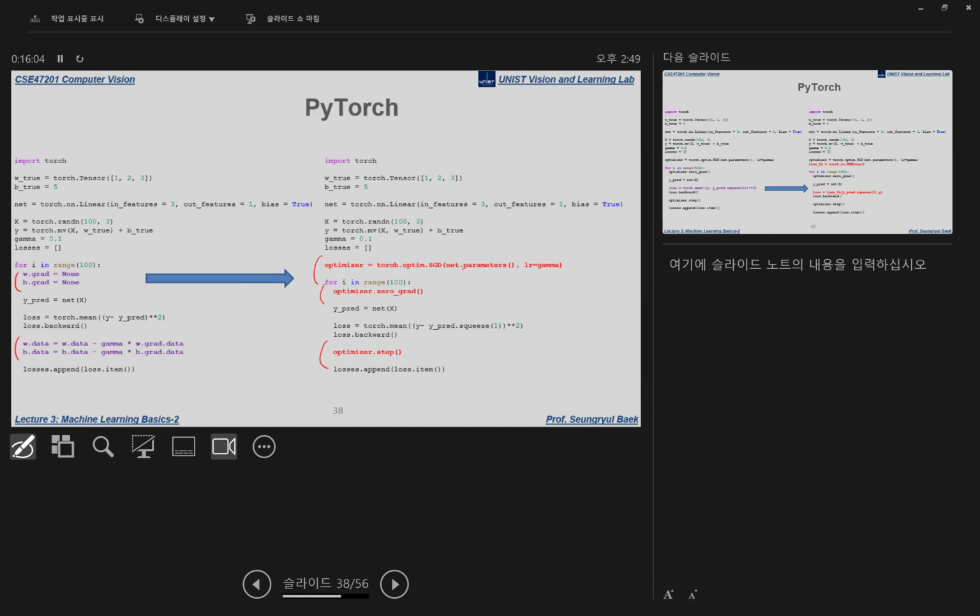Using that, we can optimize the code further. We don't want to explicitly reveal the parameters, but rather encapsulate the variables inside this type of function, so that it is easier to use, okay?